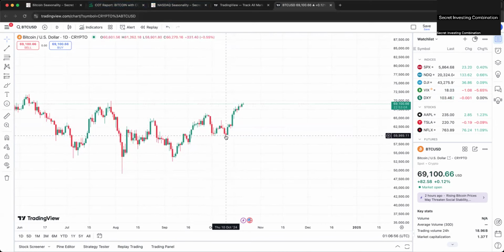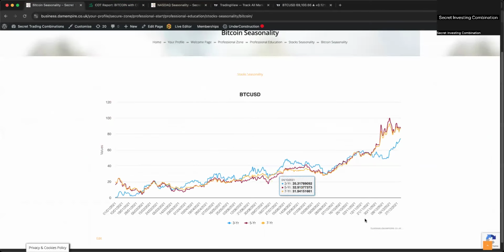When it started moving was the 10th of October. So it started moving around this period. We were meant to have a dip and then, till the 23rd, and from the 23rd, take that move.